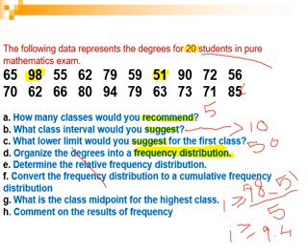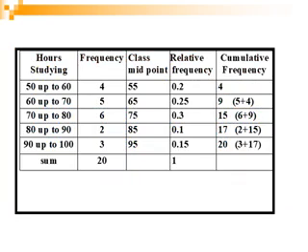So let's organize the table like this. After tally, we said that it begins with the classes with the lowest value, which is 50, and the class interval from 50 up to 60. The width of each class is equal to 10, as we calculated in the second step.